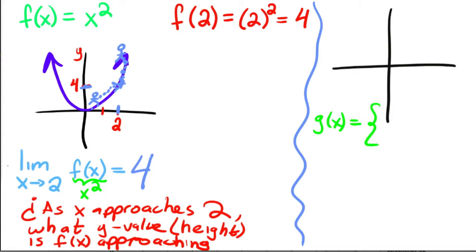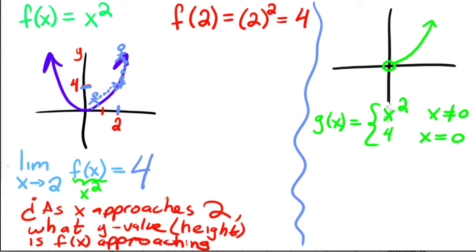Let's say g of x is x squared when x is not equal to 0, and let's say that it equals 4 when x is equal to 0. Okay, so here if I graph this guy, it's going to be a parabola, except that at x equals 0, it's not going to be a parabola. There's going to be a hole there.